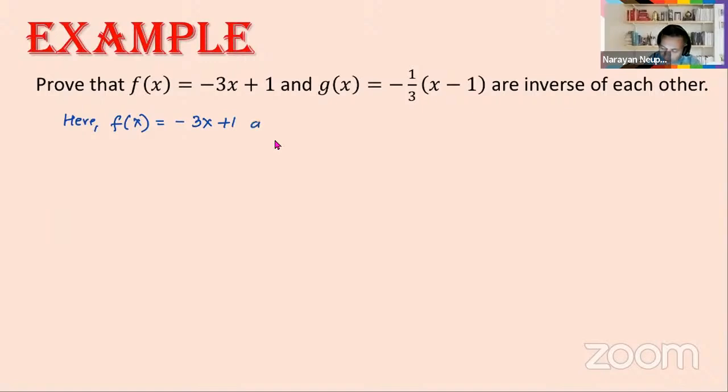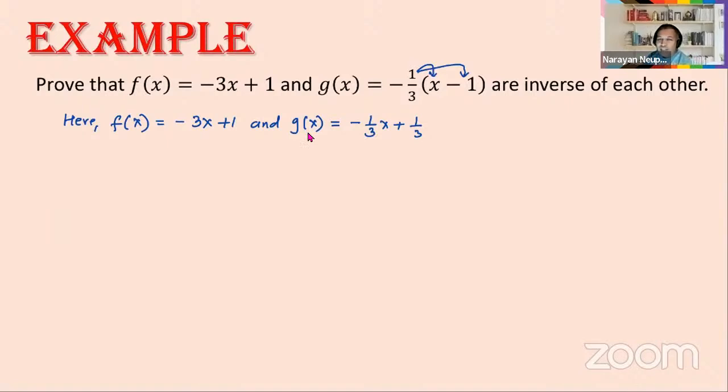And the next function is g of x, which is negative 1/3 times the quantity x minus 1. We are going to distribute that 1/3 and write it like this: negative 1/3 times x, negative 1/3 x, and then plus 1/3. If we multiply here, that will be plus 1/3. So that is the function g of x.